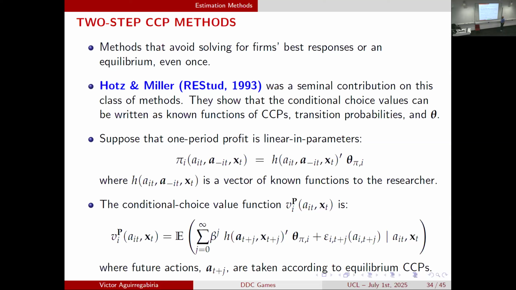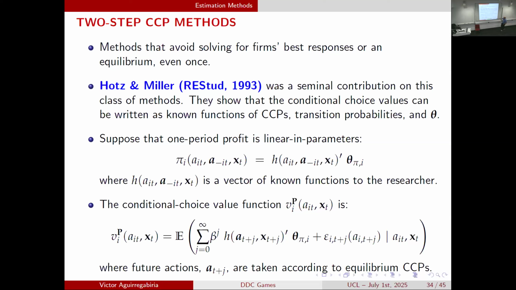Then remember that this is the conditional choice value function, given that the other players behave according to the choice probabilities in P. This is the expected value of the stream of future payoffs, discounted and taking into account that the evolution of the actions will follow the choice probabilities of the players.